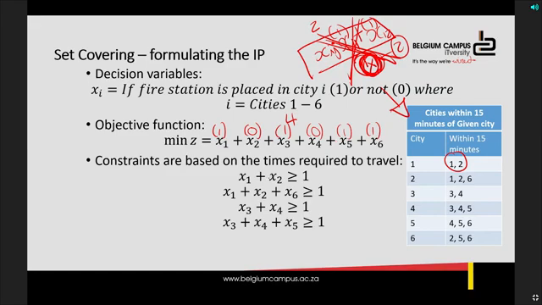All right, so let's see the constraints. Much easier than we think. So the constraints are literally saying we want to make sure that all the cities are covered. So you're definitely not going to use less than or equal to 1, because then it's going to allow them to be 0 since you're trying to minimize.